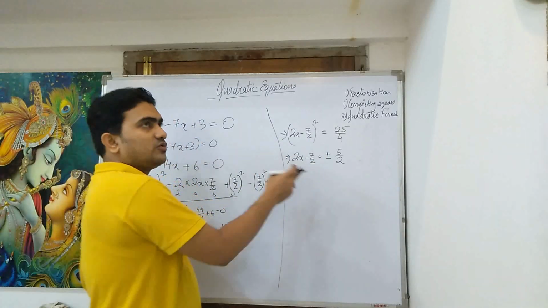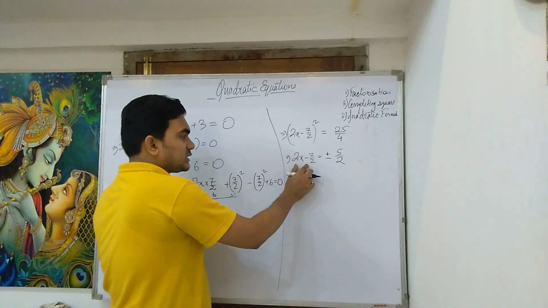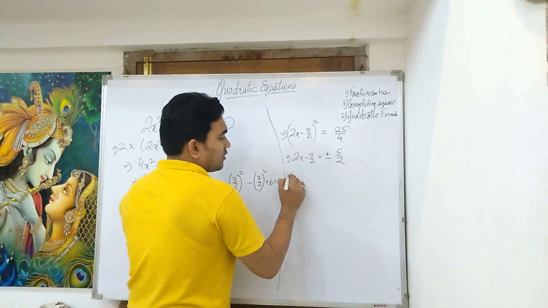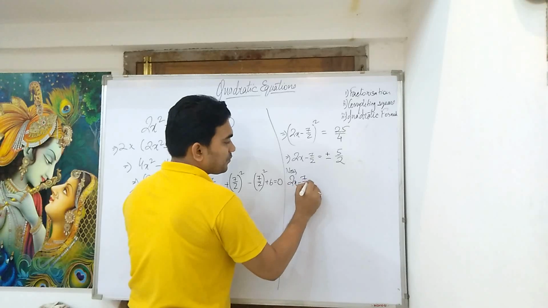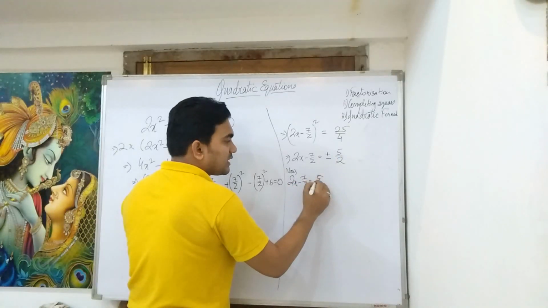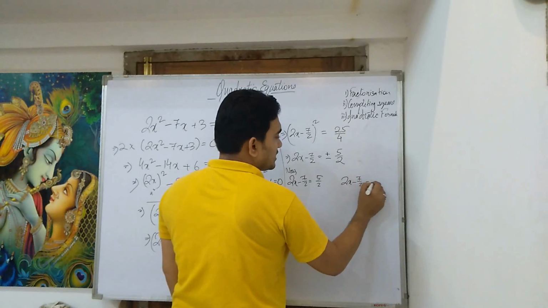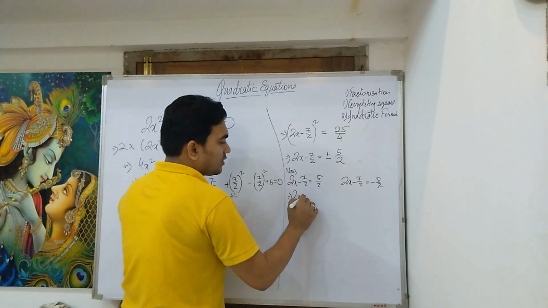From these two values, we will get two different roots. When we equate this part with this part, we will have two situations. When we take plus 5 by 2 and when we take minus 5 by 2.